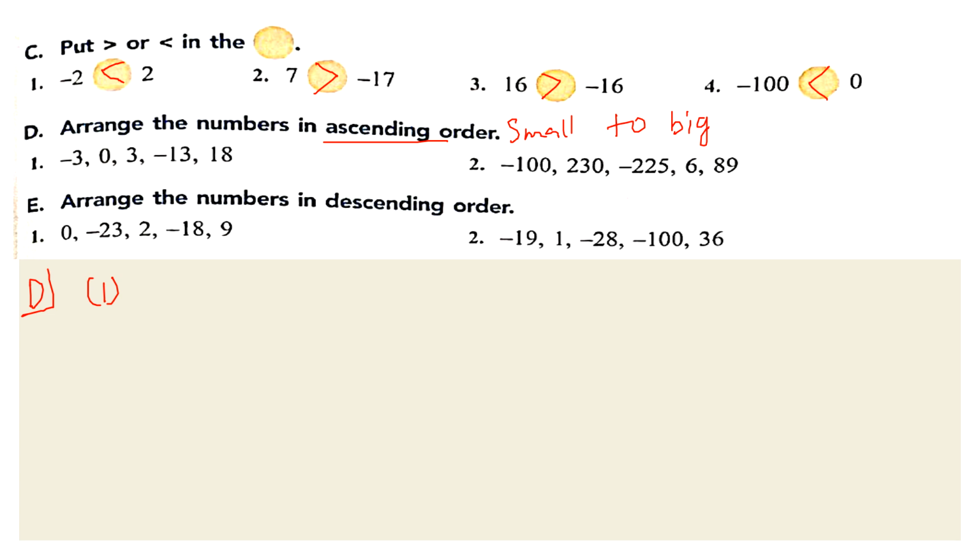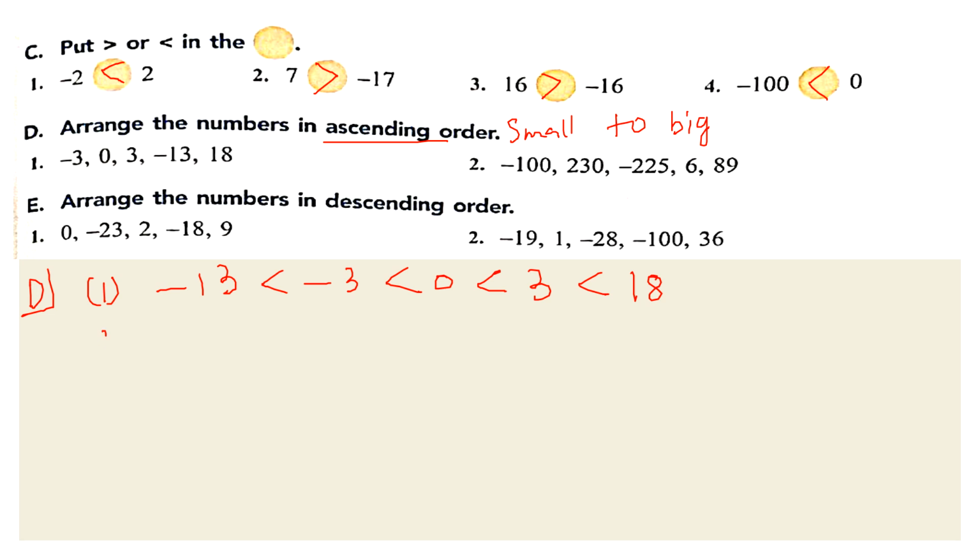Just keep in mind where the 0 will be. Here first is minus 13, that will be the smallest one, followed by minus 3, followed by 0, and then we have 3, and then we have 18. So this is the answer.